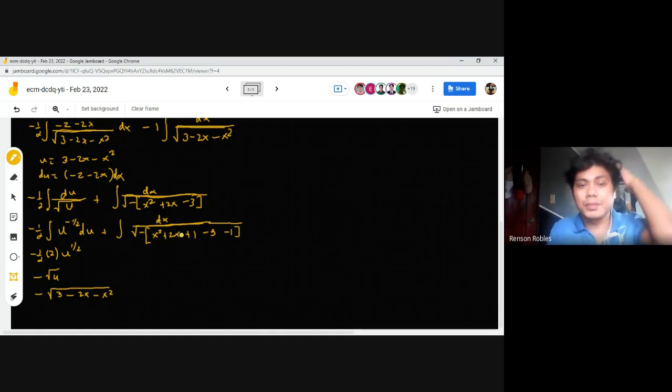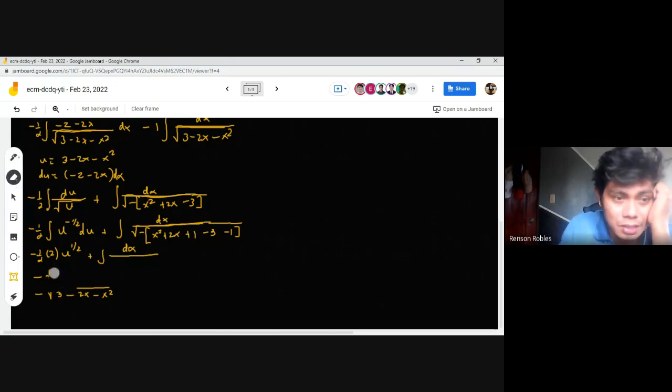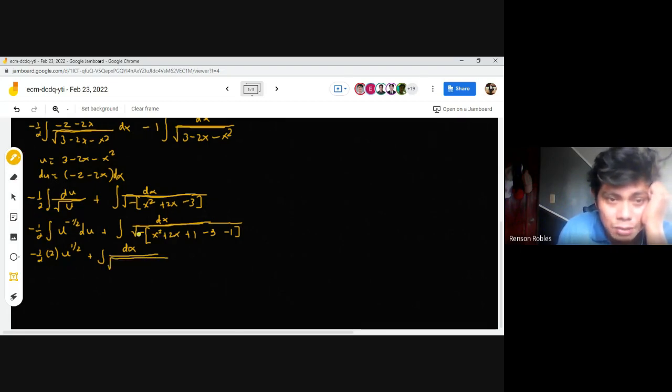Okay, the first term is a perfect square trinomial, and then you just simply add this. So plus integral of dx all over the square root of, that minus sign, ipasok nyo ulit sa loob. Perfect square trinomial muna pala, sorry. Negative x squared plus 2x plus 1 when factored out is x plus 1 square.